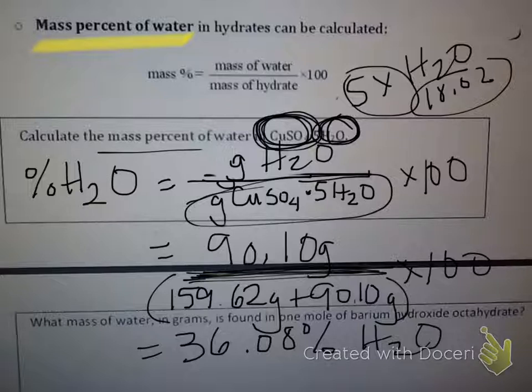If you go in the lab and you suspect that you have copper 2 sulfate hydrate, some hydrate, it could be the heptahydrate, the pentahydrate, the monohydrate, you don't know what it is. If you suspect it's the pentahydrate, meaning 5 waters bound, then you're going to do a mass calculation.